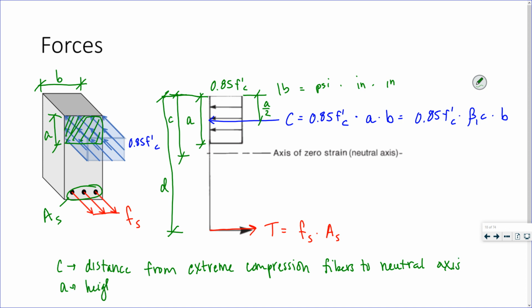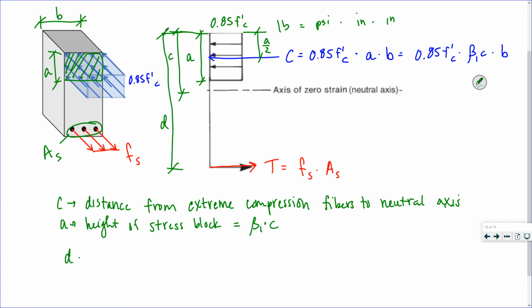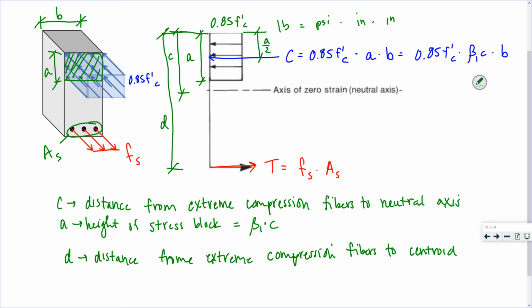A is the height of the stress block, our equivalent stress block, which equals beta 1 times C. And d is the distance from the extreme compression fibers to the centroid of your tensile steel, or tensile reinforcement, tensile steel, whatever you want to call it, which is also known as As.